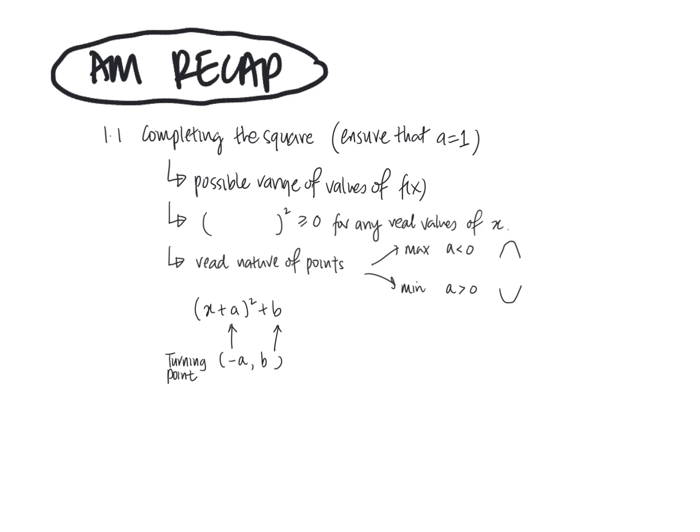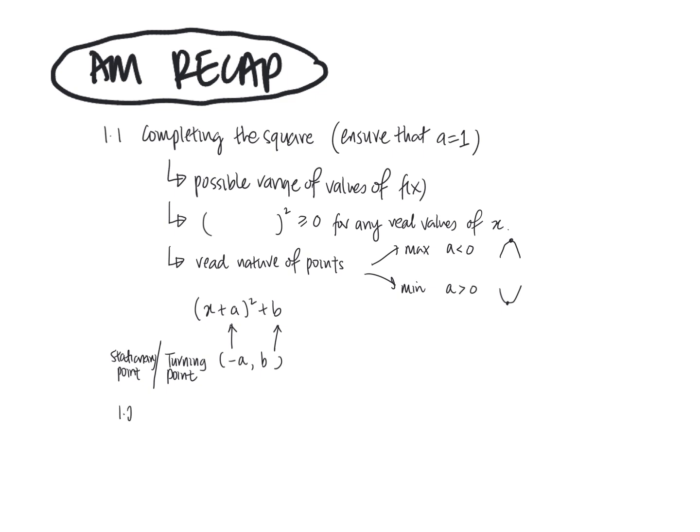Another word that they like to use for turning point is stationary point, but it means the same thing. Because at the highest point or at the lowest point, that point is stationary at the turning point before it changes direction. So that's why they like to call it stationary point.